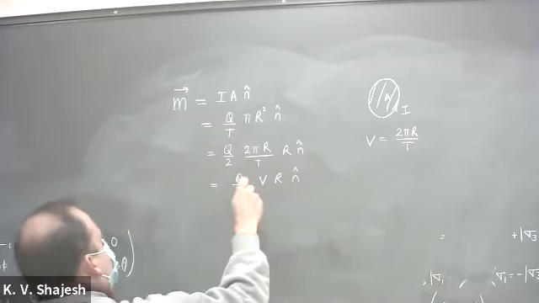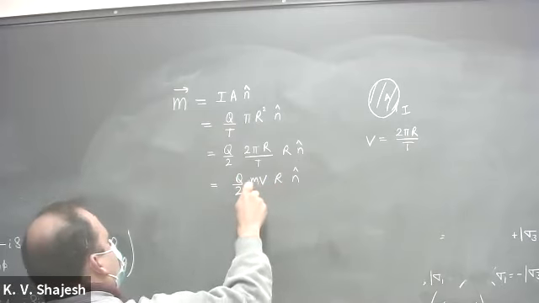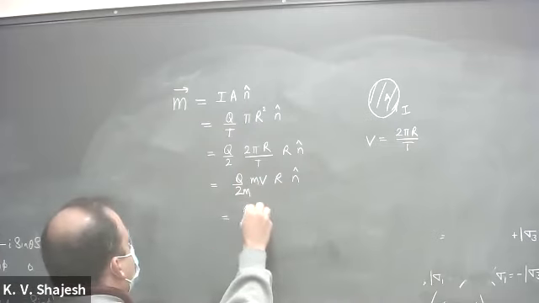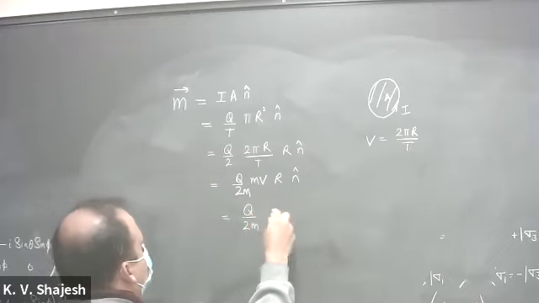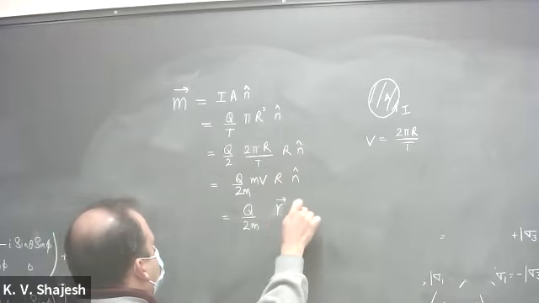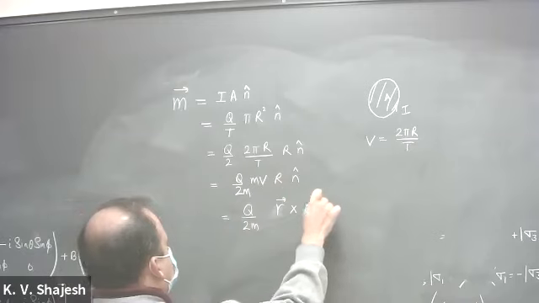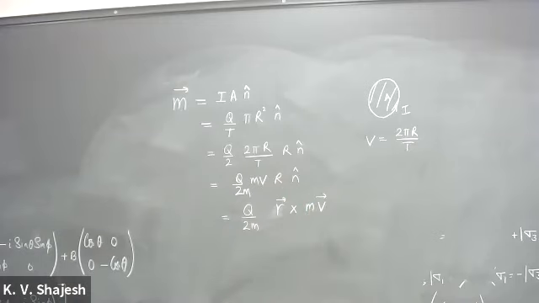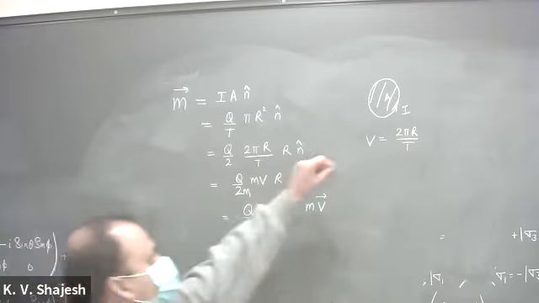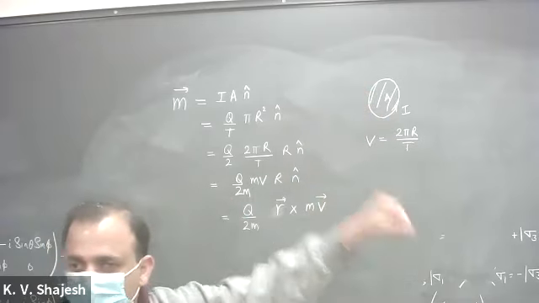If we multiply by an m there, with m in the denominator, I have Q over 2m times R cross mV, where m is the mass of the charged particle moving in a circle.